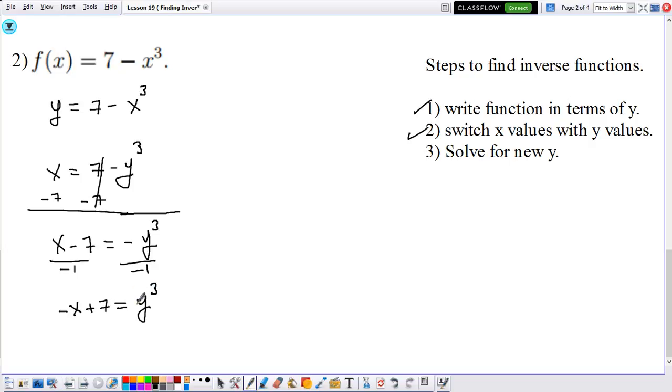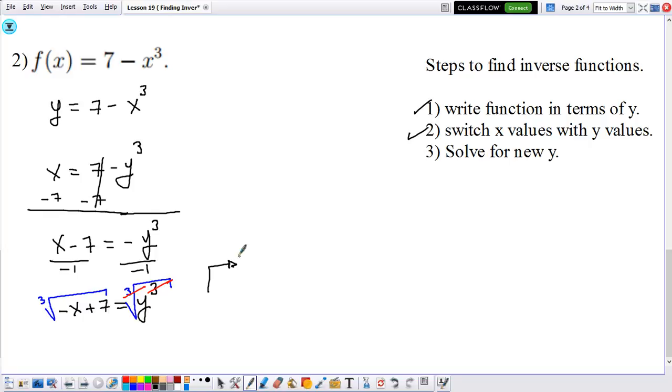Excellent. Notice that the y is almost by itself. We need to get rid of that exponent of 3. So how do we do that? We take the cube root of both sides. Because once we do that, the cube root is going to cancel out with the exponent, and now we have our y by itself.